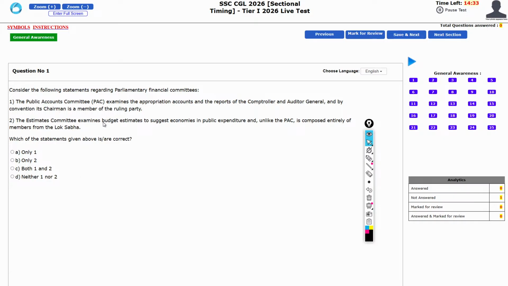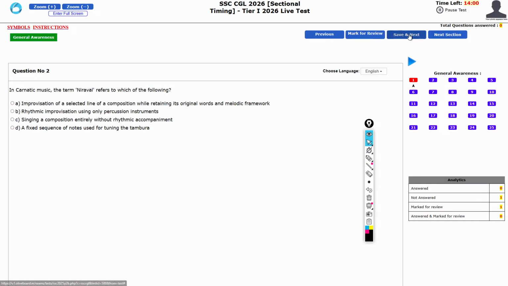Estimates committee examines the budget to suggest economies in public expenditure, and unlike the PSC is composed entirely of, yeah, estimates is related to budget, so members of Lok Sabha makes sense. But PSC chairman ruling party, okay, I will come back to it later.